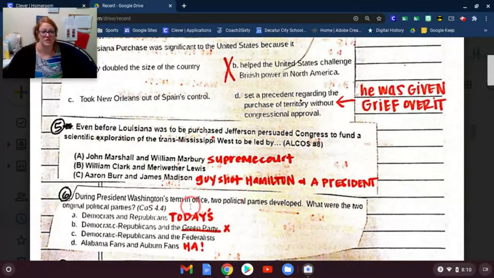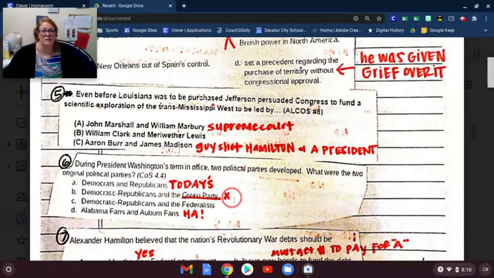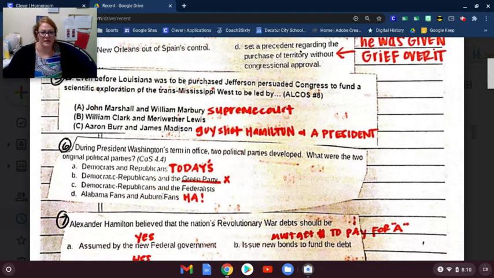That's elimination. During Washington's term in office, 2 political parties developed. What were the 2 original political parties? Democrat and Republicans. Those are today. So no, they weren't there. You know that. Democratic Republicans. Oh, I think that's right. And the Green Party. You can think, was there ever a Green Party?